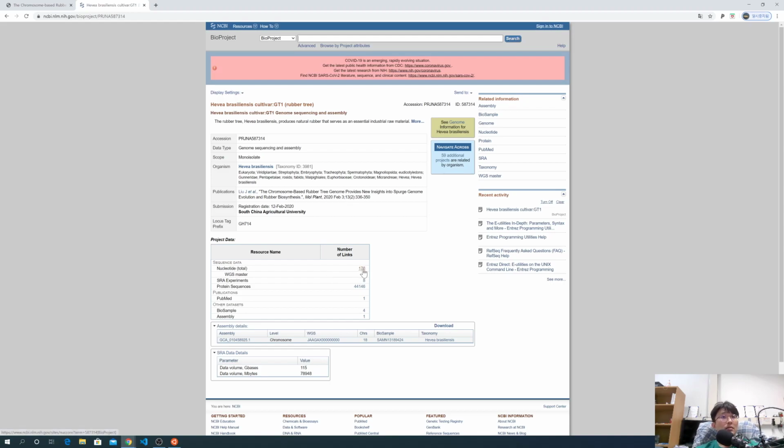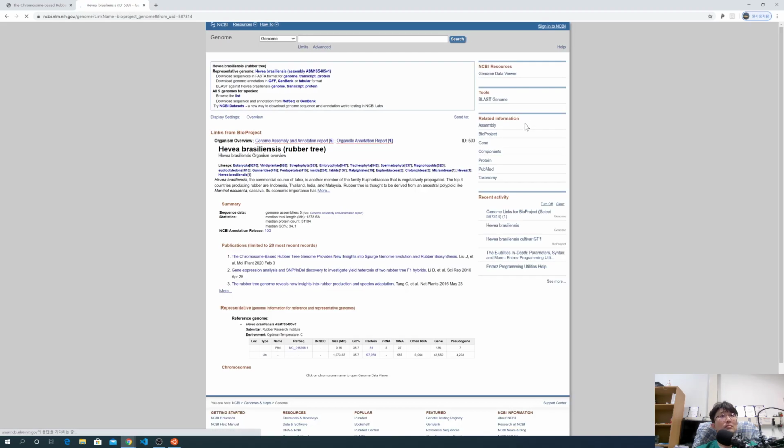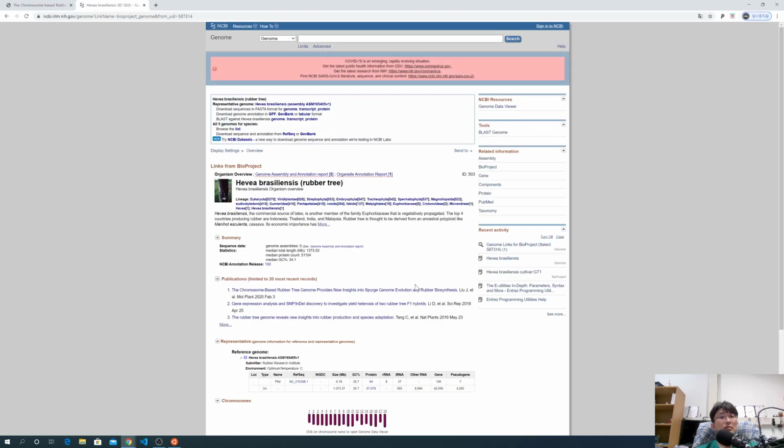Okay, so they have the genome, right? And it has 7 pseudogenes.